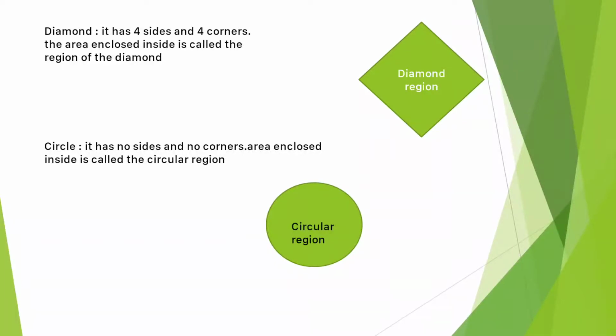And the next one is the circle. We know the circle has no sides and no corners. The area inside the circle is known as circular region. Okay, these are the 5 main plane figures: square, rectangle, triangle, diamond and circle.